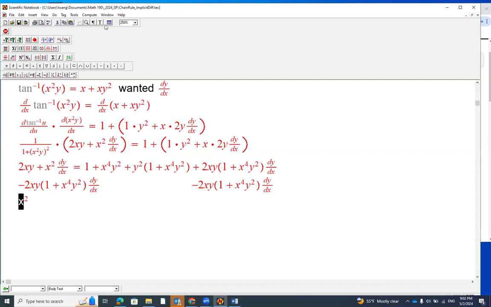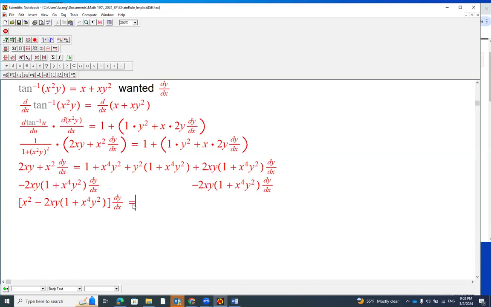x squared, subtracting the whole of these, in parentheses or in bracket, and then dy/dx. So this part makes 0, and this term we move to the other side, and subtract 2xy.